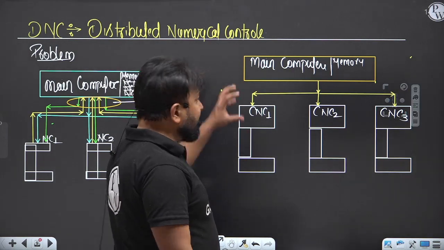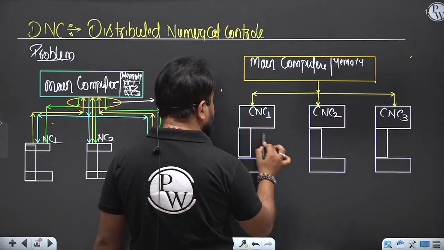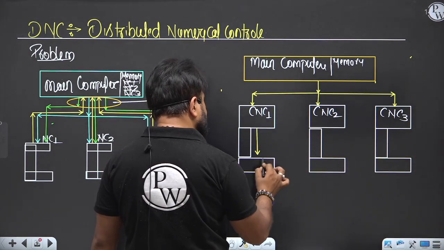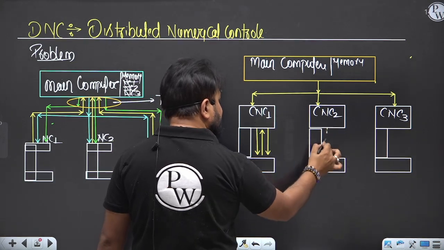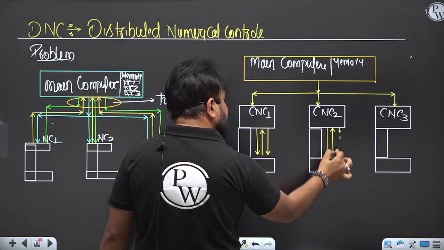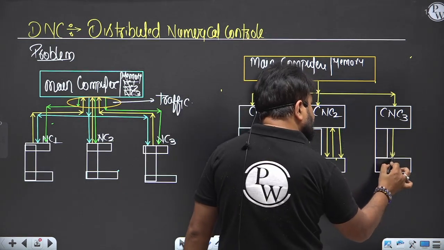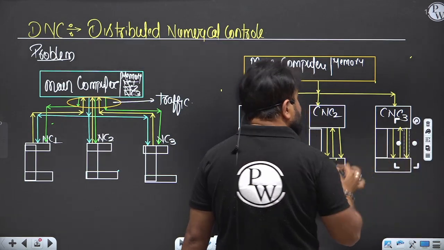Now, whatever direction you have sent, this CNC machine will carry out on its part. Feedback will go, and again direction will come. Similarly, direction, feedback to its own computer, then direction.